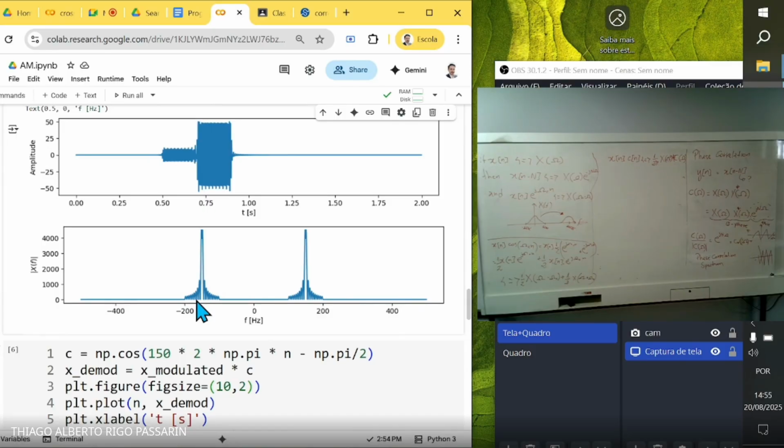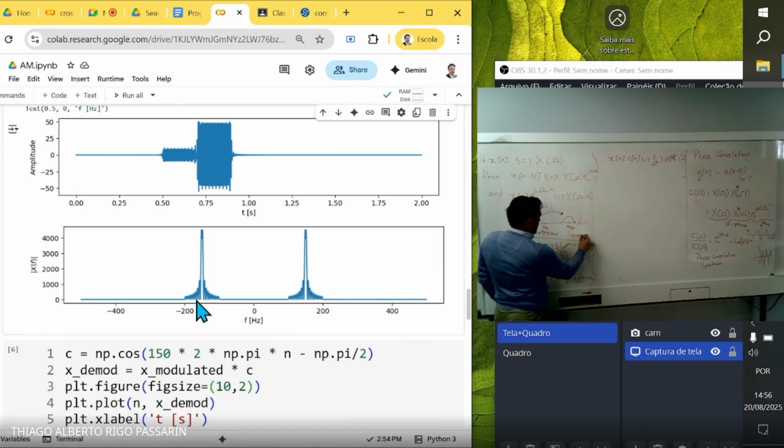This someone has to shift it back to what we call a baseband signal. This is a baseband signal. So the receiver has to shift it back to the baseband, while this is the modulated signal.